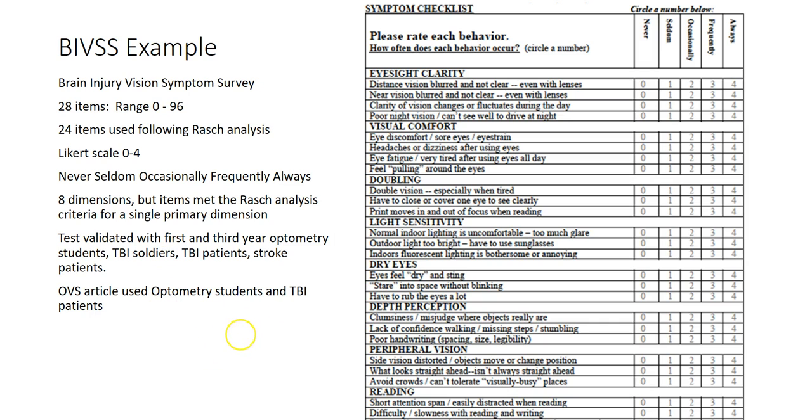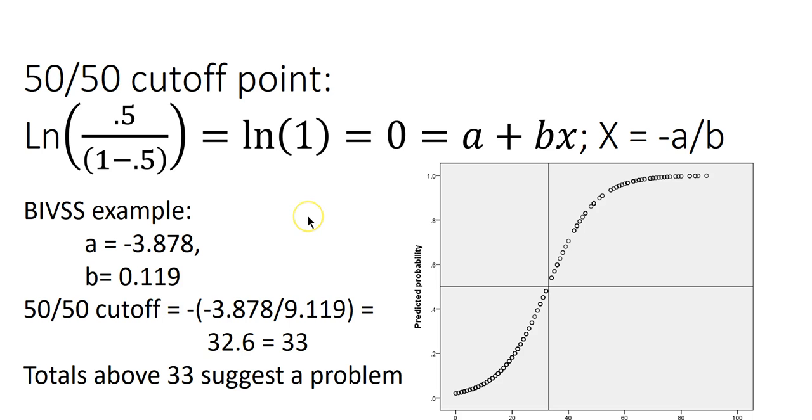In the OVS article, they were just optometry students and TBI patients. There are questions like distant eyesight clarity, distance vision blurred and not clear, even with lenses, and so forth. You find out all the symptoms and add them up, and then we do this.